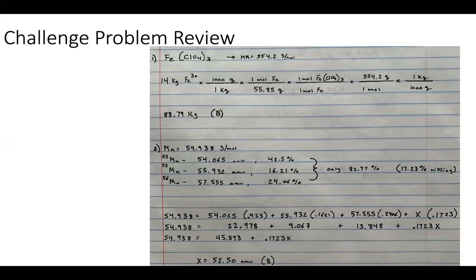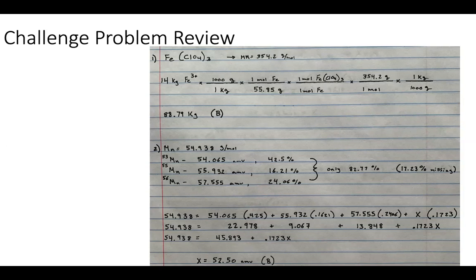Okay, so knowing that there's 1,000 grams in a kilogram, then we can convert to moles of iron, because we know that 1 mole of iron is 55.85 grams. And then we can convert moles of iron to our complete ionic solid, right? So there's 1 mole of iron in 1 mole of iron perchlorate, because that is the molecule we're getting this iron from. 1 mole of that is equal to 354 grams, and then we just convert it to kilograms because the answer choices were in terms of kilograms.